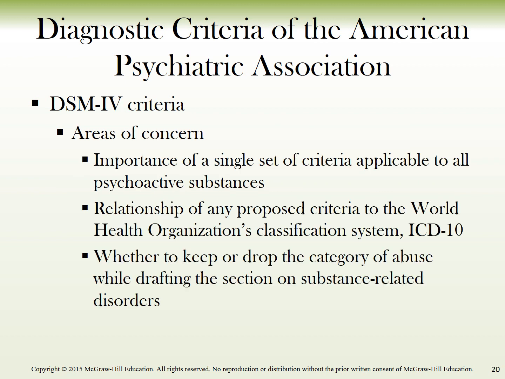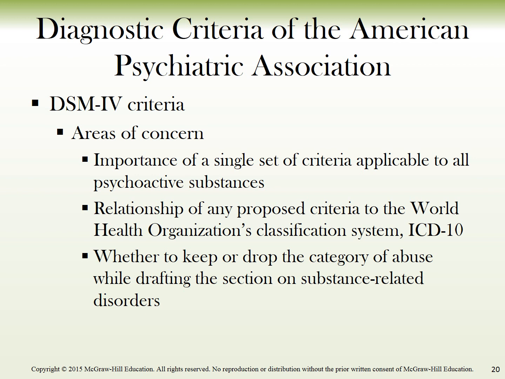The DSM-4 criteria, as the evolution continued from 3 to 4, were an attempt to come up with a standardized set of criteria that applied to all mood-altering and psychoactive substances. At the time, there were abuse and dependence criteria, two separate sets, and you were looking to diagnose substance abuse specific to their drug of choice, or substance dependence specific to the drug of choice.